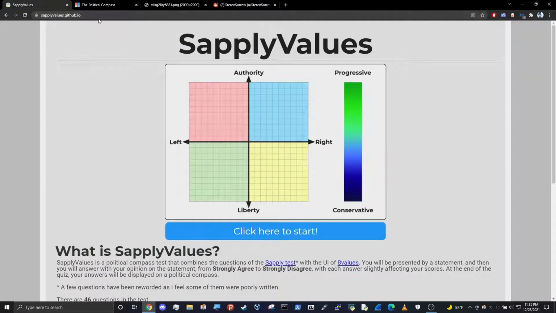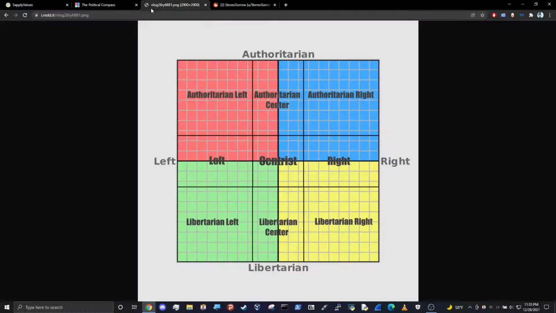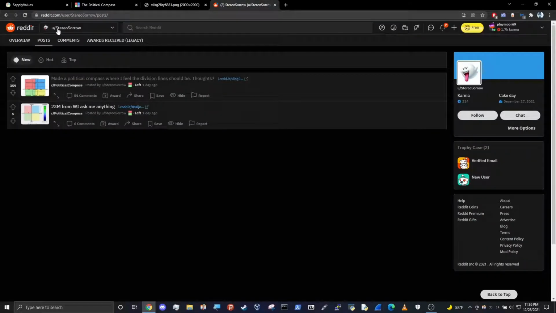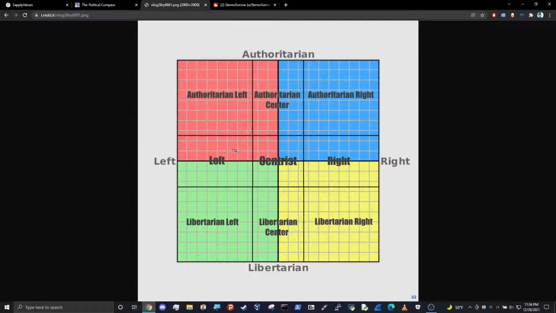And the reason I say that is this is a better representation of the political compass test. This was made by Reddit user Stereo Sparrow or Sorrow, and I just wanted to give him credit for this image.